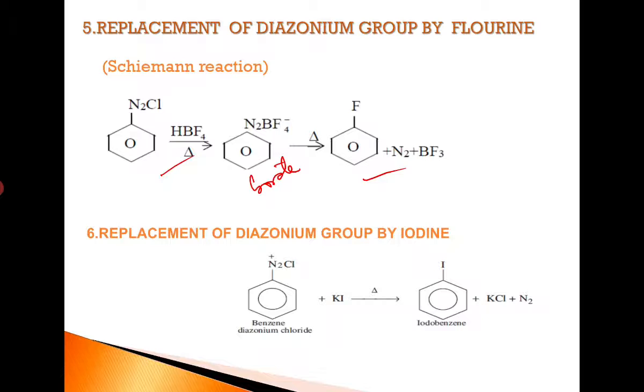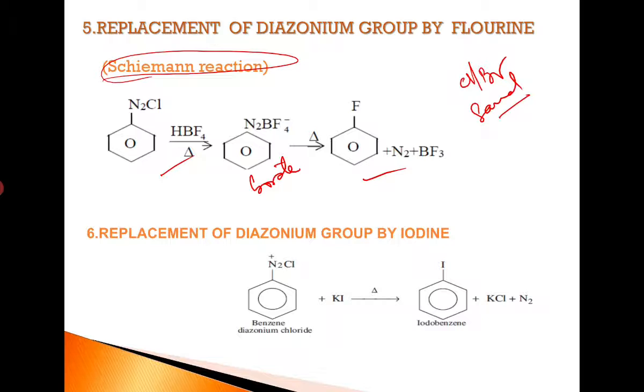The replacement of diazonium group by fluorine is called the Schiemann reaction, and the replacement of diazonium group by chlorine or bromine is called the Sandmeyer reaction. Next, coming to the replacement of diazonium group by iodine.